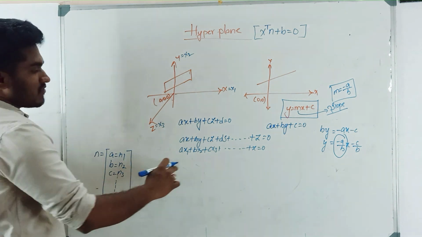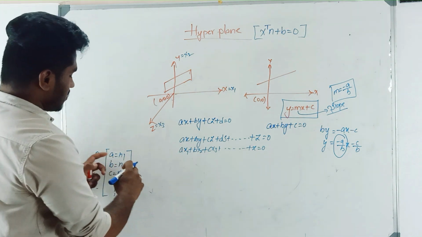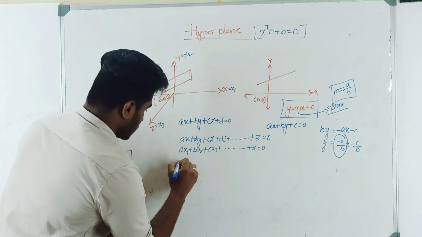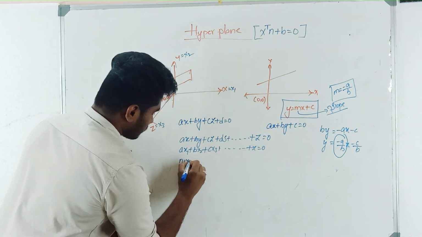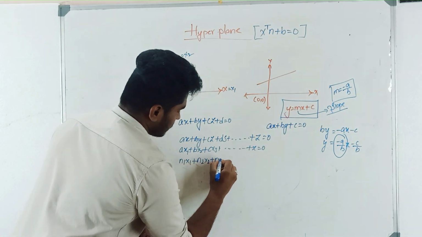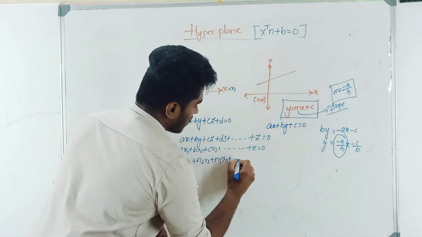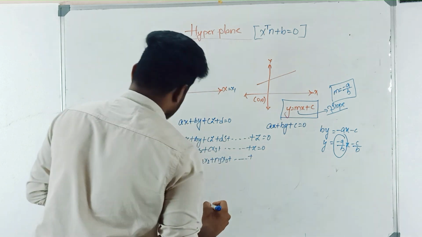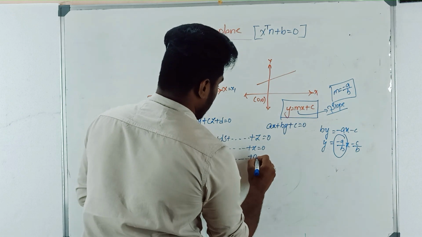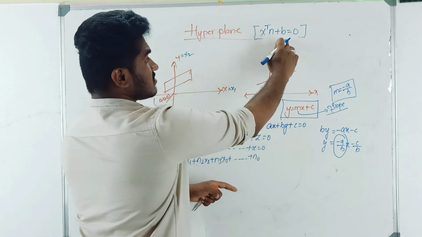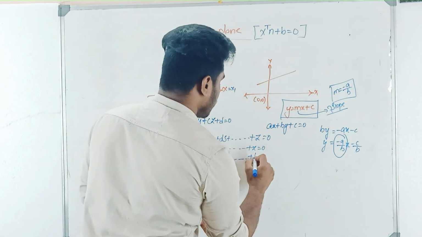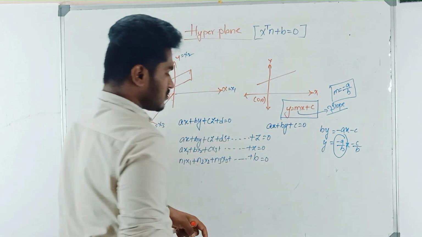So I am converting these variables like this. This is n1x1 plus n2x2 plus n3x3 plus and so on, plus, so I am taking this as n naught, or here in this equation it's b. So simply I will take this as b equals 0.